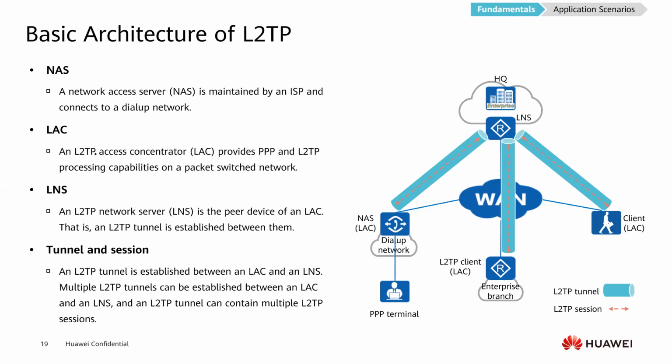We have three types of devices: NAS, the network access server; LAC, the L2TP access concentrator; and LNS, the L2TP network server. There is also an L2TP tunnel, and inside the L2TP tunnel we actually have L2TP sessions, because there can be multiple sessions forwarded inside the same tunnel.